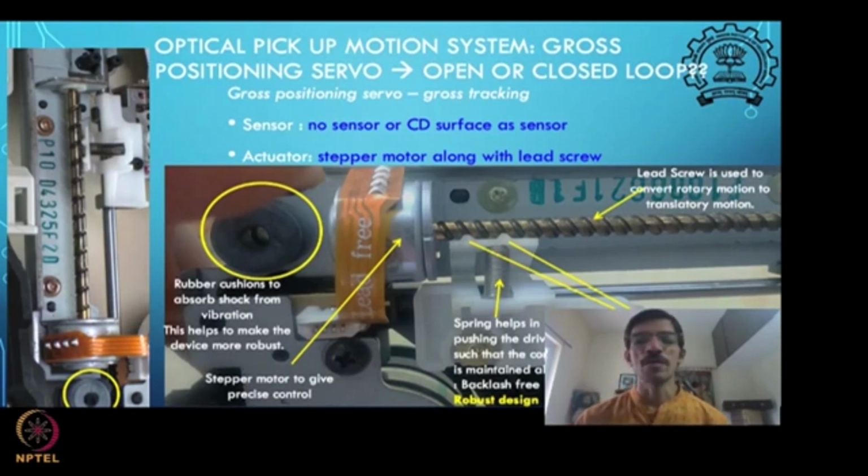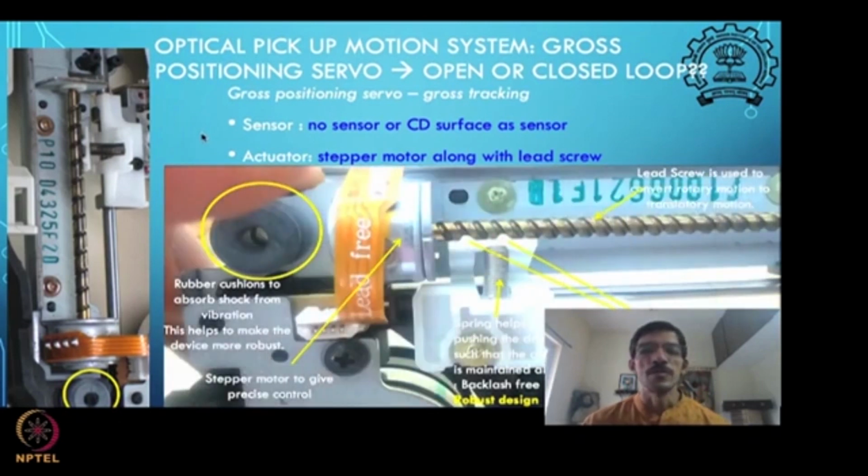That will not allow the backlash to come into play. So that's how backlash is handled by using this kind of spring-loaded mechanism here. We'll see in other cases, when you have a gear transmission system instead of a screw transmission, how you take care of backlash.